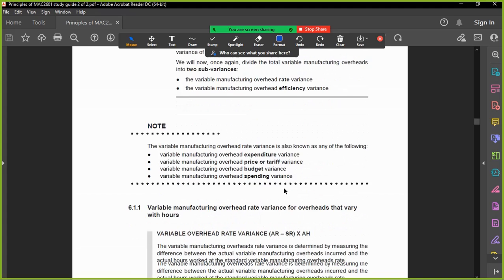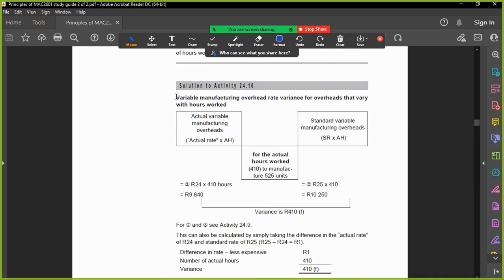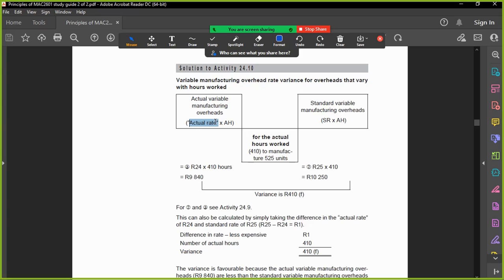Here they're not looking at the total. Here they're only looking at the variable portion, the variable manufacturing overhead rate for the overheads as a whole. They said the actual rate times the number of hours. Remember, standard variable overhead means what we expect to use.